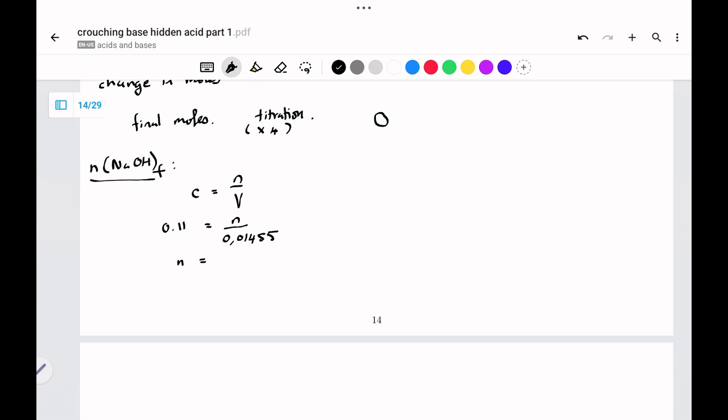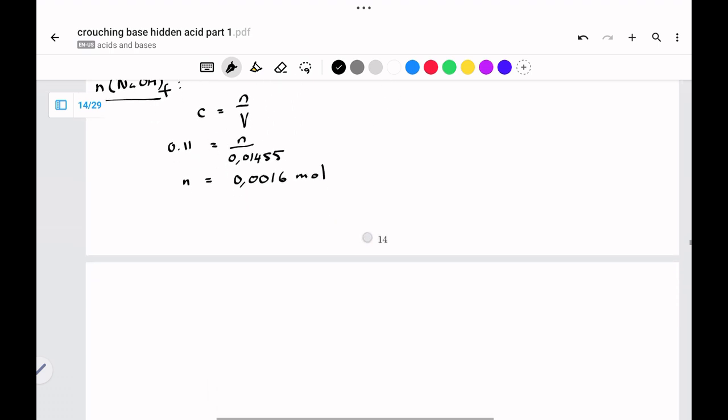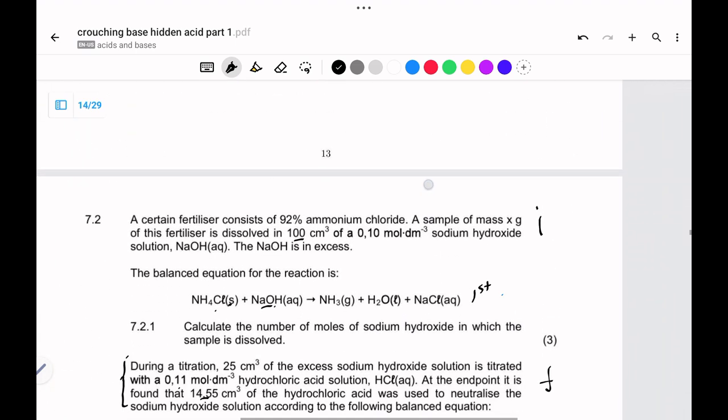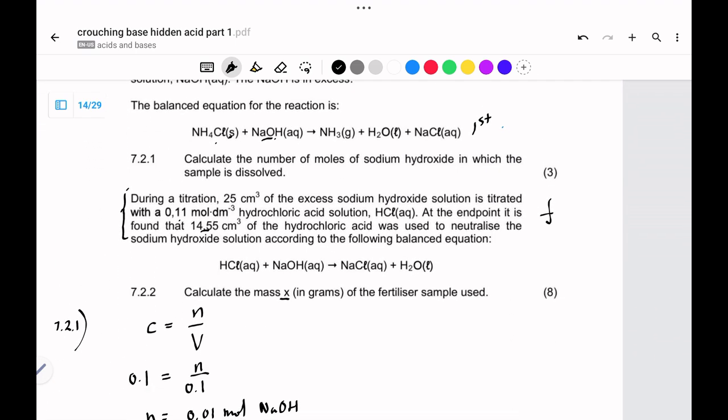Okay, so we get and then let us use the mole ratio step. Now that is over here, because these moles of HCl we just found, they react with the sodium hydroxide.